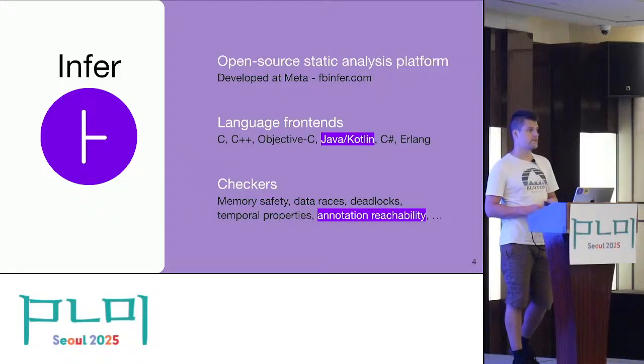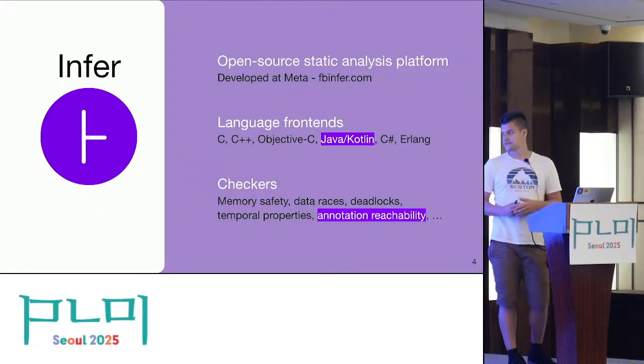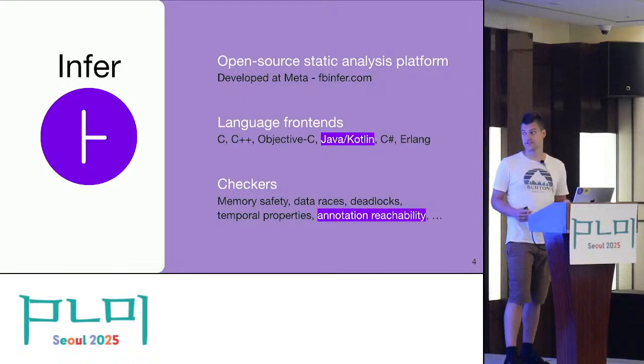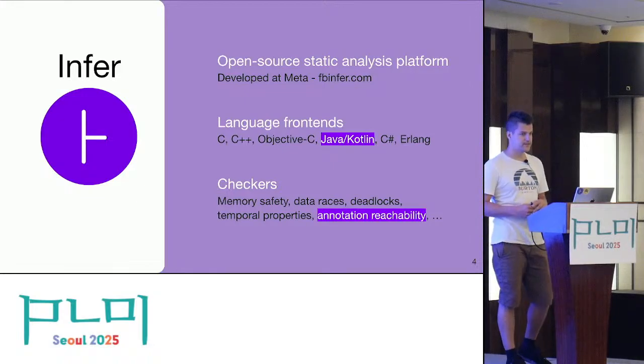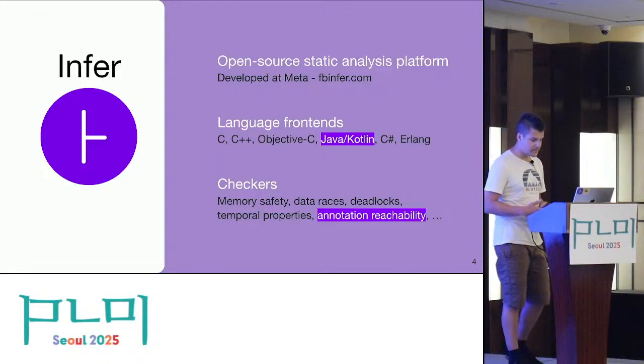And it also has a bunch of checkers related to all sorts of properties, including memory safety, data races, deadlocks, temporal properties. But it also had a checker which was called annotation reachability. So it was a very good candidate to look at.